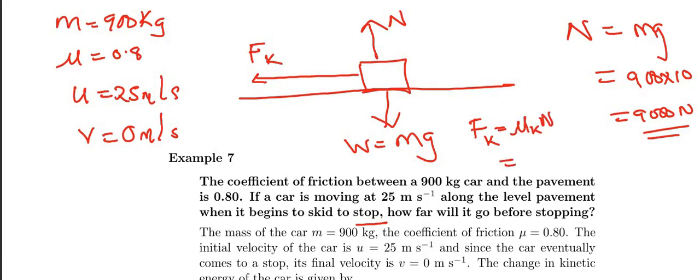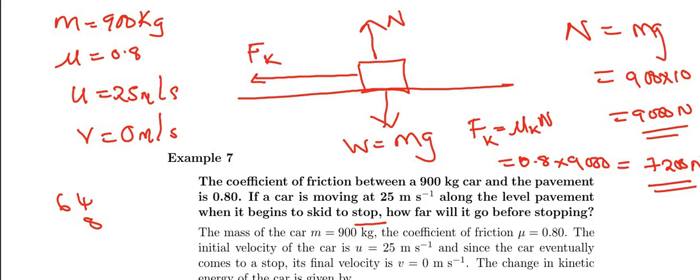So the coefficient of friction is 0.8, and we multiply this by 9,000. Let me say 8 times 8 is 64, 64 plus 8 is 72, so this is going to be 7,200. This is what we get as the frictional force.